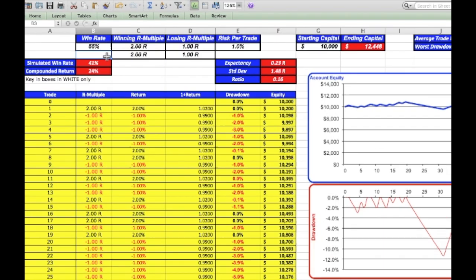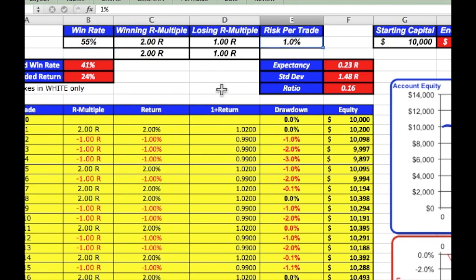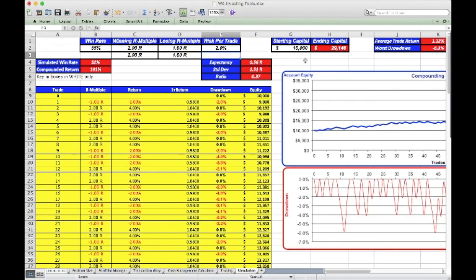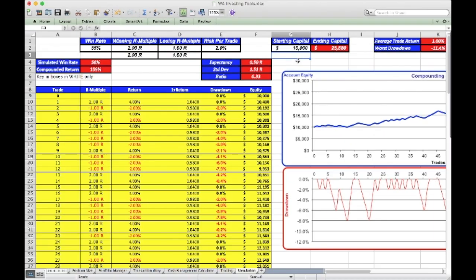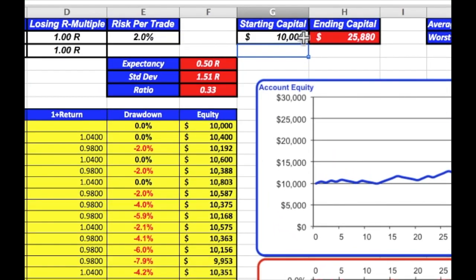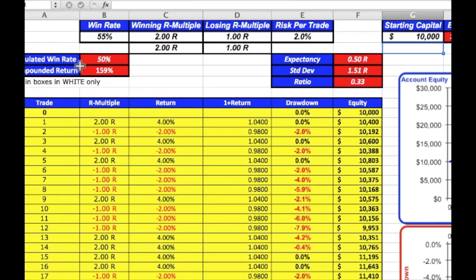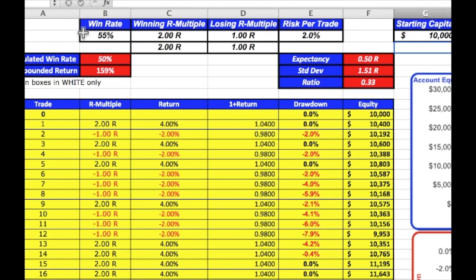Now let's assume that you risk 2% on every trade, and let's assume you start with $10,000. There you go. So you can see that if you start with $10,000 and you get a 55% win rate, which in this case drops to 50%, and you are risking 1R to make 2R, 1R is 2%.